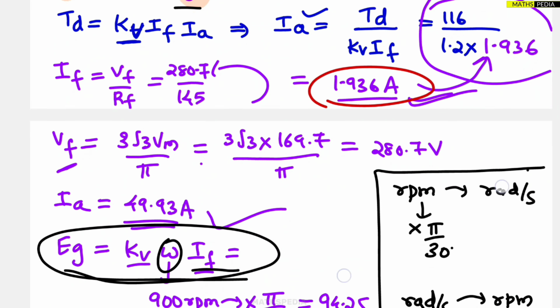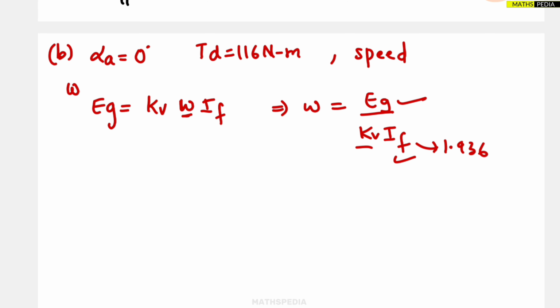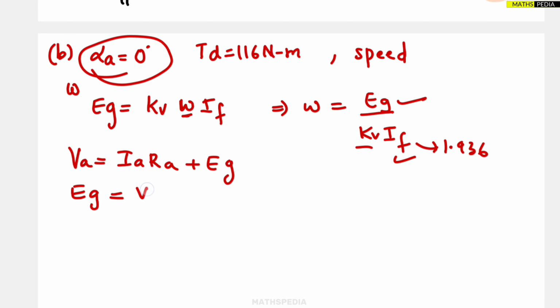What about EG? EG is going to change. Why will it change? Because alpha A you have to consider as 0. EG is not directly related to alpha A, but in order to find EG, we use the formula VA is equal to IA RA plus EG. From this, EG becomes VA minus IA RA, correct?